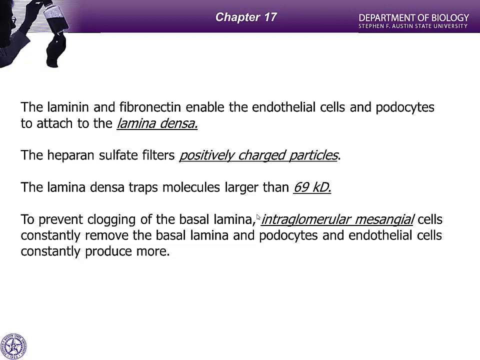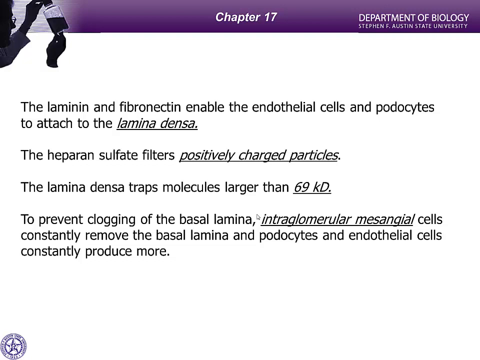A dalton is a globular protein size measure. A kilodalton is 1,000 daltons. So 69 kilodaltons is going to be the minimum size that molecules can actually be trapped. Anything larger than 69 kilodaltons, you're going to get stuck. Anything smaller is going to pass through.